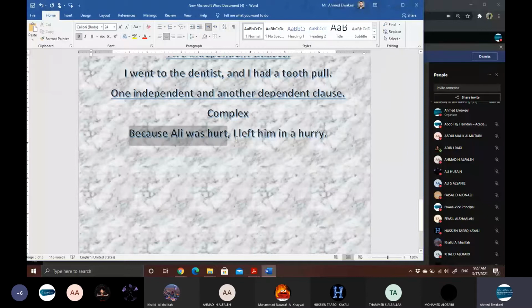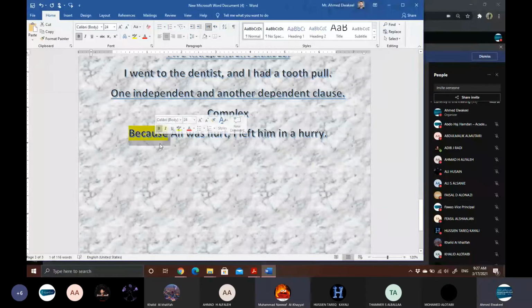Or because Ali was hurt, I left him in a hurry. So here, the first one, because Ali was hurt, is it an independent clause or a dependent clause? Dependent. Yes, bravo. And because is called what, Muhammad?